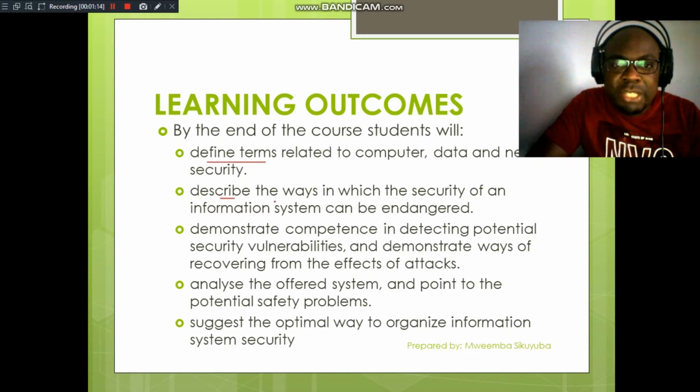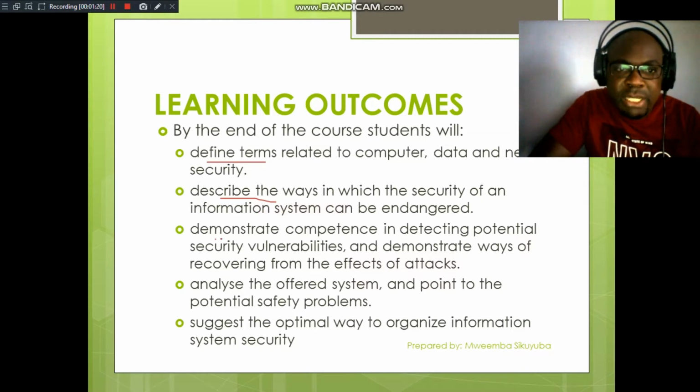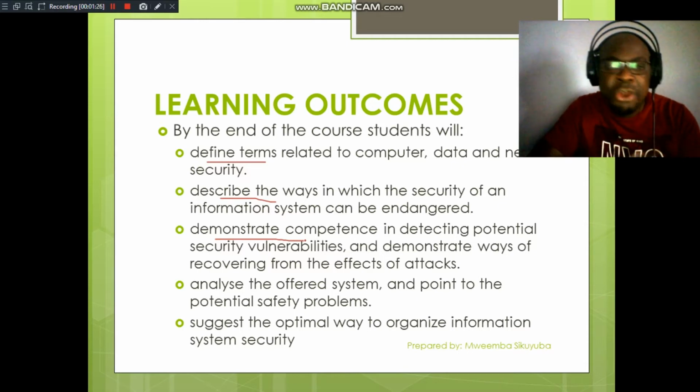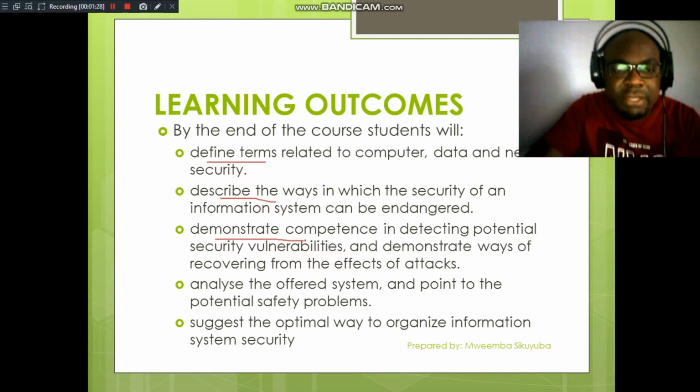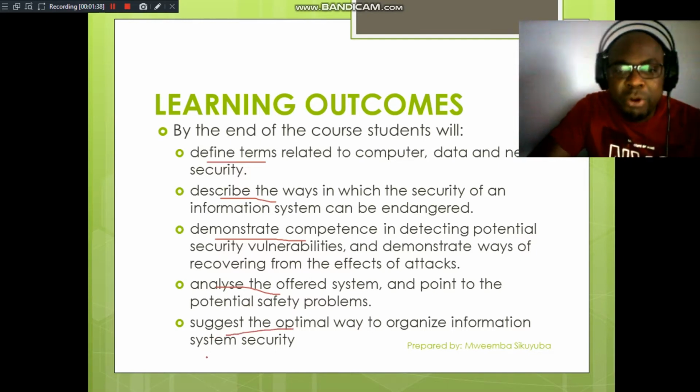Learners will be able to describe ways in which the security of information can be endangered, demonstrate the competence of detecting potential security vulnerabilities, and demonstrate ways of recovering from the effects. They will also analyze a given system and point out potential safety problems, and suggest optimal ways to analyze information system security.